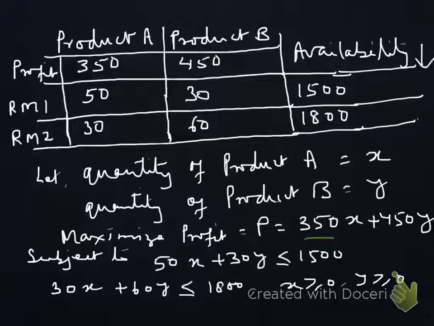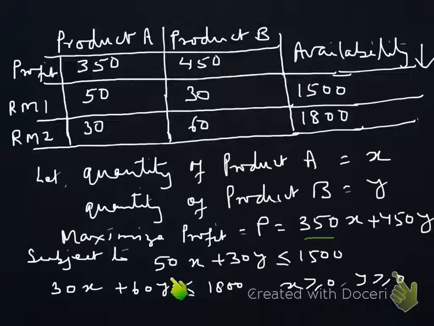It may be useful to recall that this amount 350 is the profit per unit of product A and 450 is the profit per unit on product B. X and Y are quantity of product A and B to be produced respectively. So they are the decision variables.